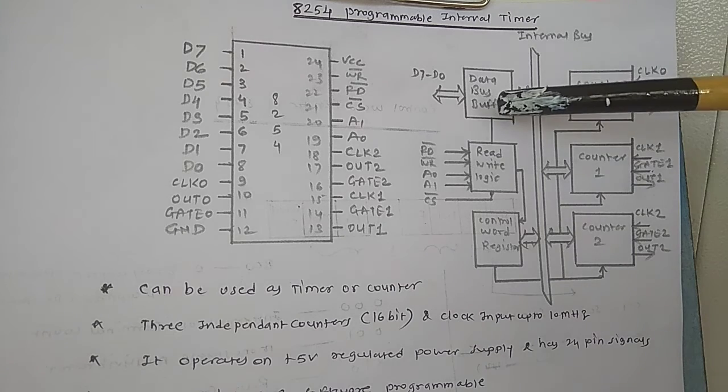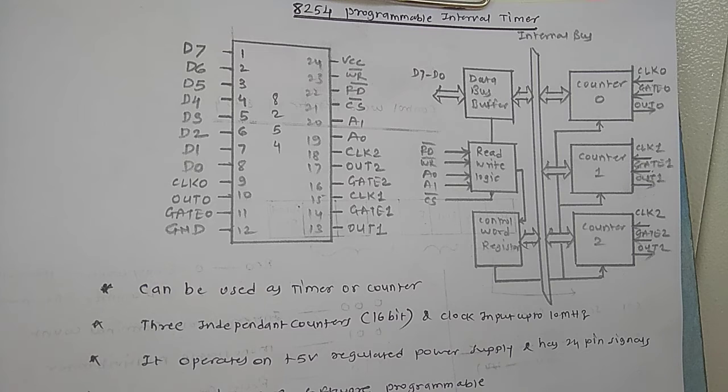Then next, coming on to next block, data bus buffer. It is having 8 bidirectional data lines, D0 to D7, which get connected with D0 to D7 of your 8085 microprocessor for reading the data or for delivering the data to this 8254 programmable interval timer. Read and write control operations are controlled with the help of this RD bar and WR bar signals, which get connected with IOR bar and IOW bar signals of your 8085 microprocessor, as we have discussed in previous lectures.